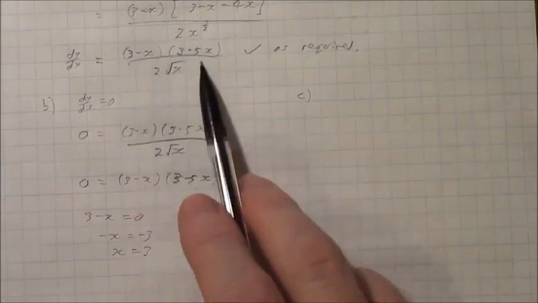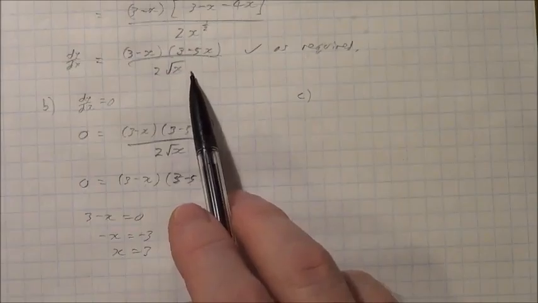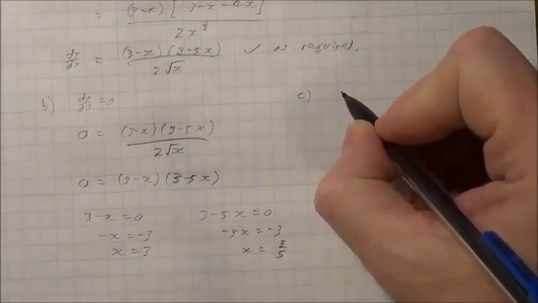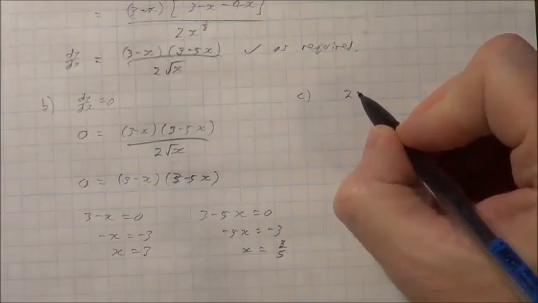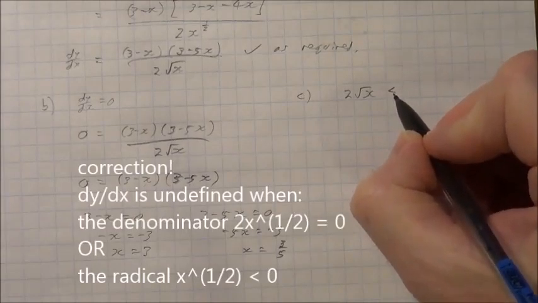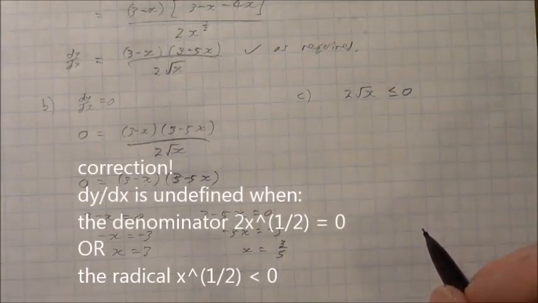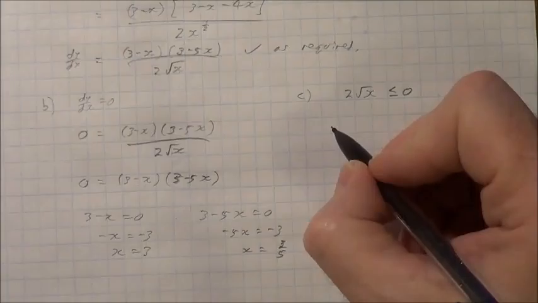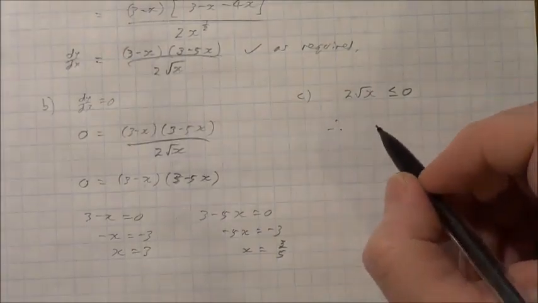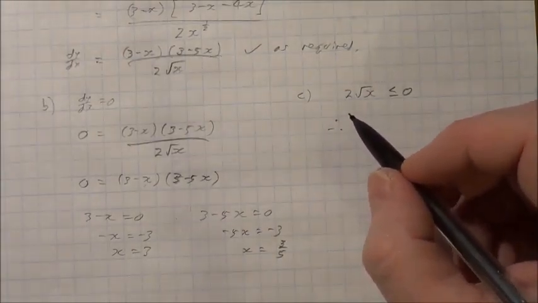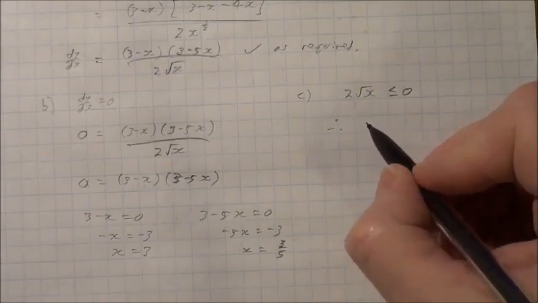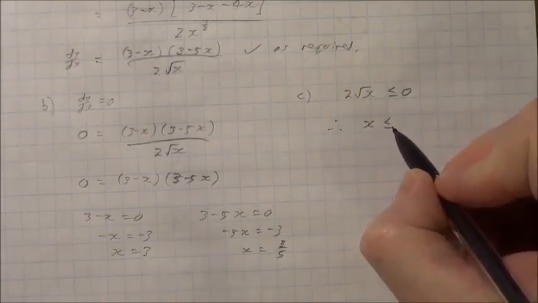So the gradient function will be undefined when 2 root x is less than or equal to 0. Therefore, the gradient function will be undefined when x is less than or equal to 0.